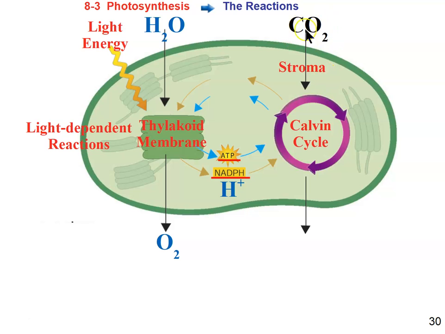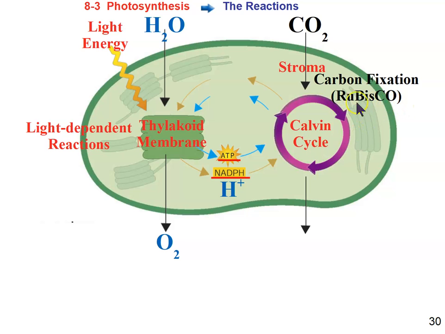So carbon fixation refers to taking carbon from carbon dioxide and incorporating it into organic compounds, eventually like glucose. So carbon fixation is when carbon dioxide, which is considered inorganic carbon, is taken in during the Calvin cycle, or the light-independent reactions, and incorporated into organic compounds.